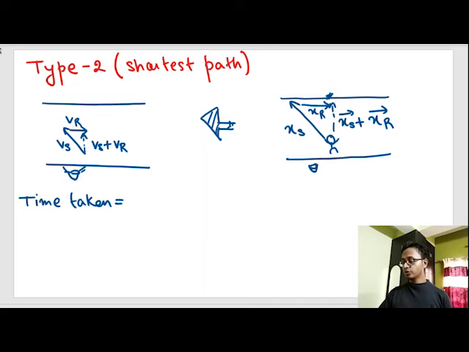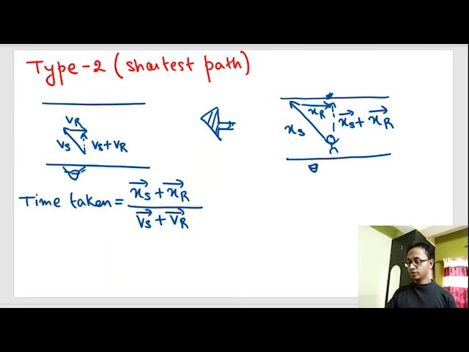Now time taken is equal to total displacement. Total displacement is xs vector plus xr vector, which is also equal to the width of the river by Vs plus Vr, the total velocity. Always remember, these are vector additions, don't add them as scalars. I'm repeatedly saying these are vector additions.